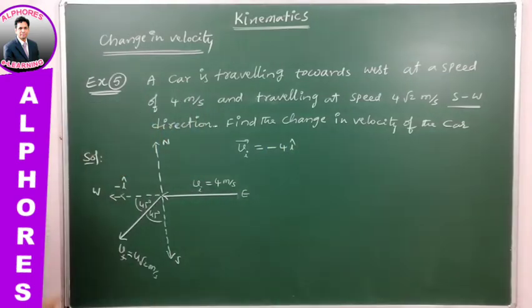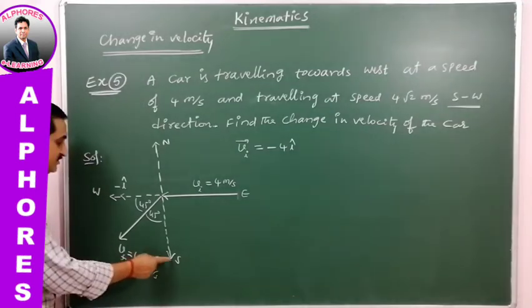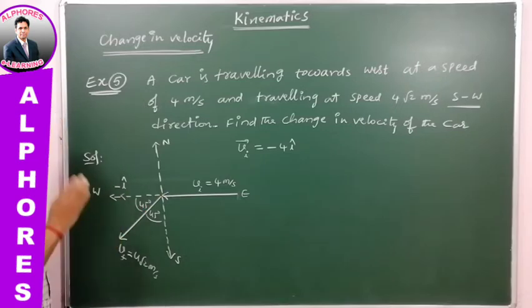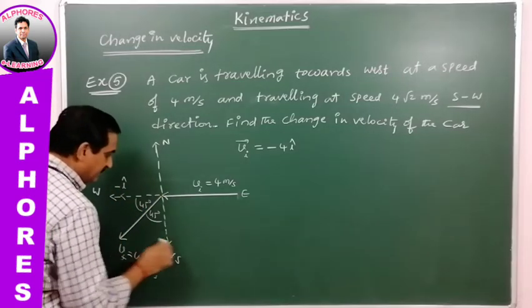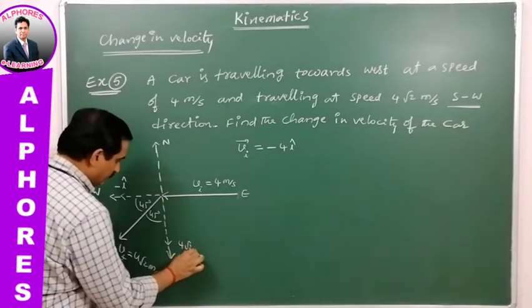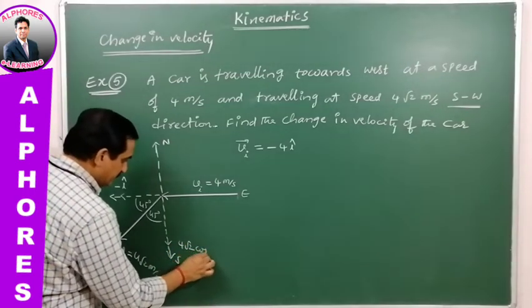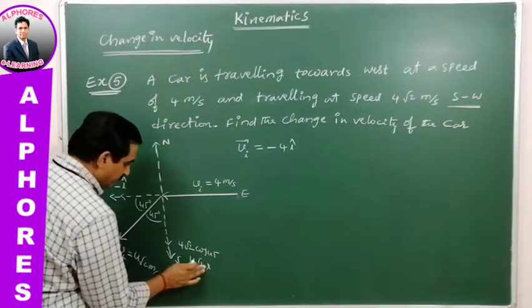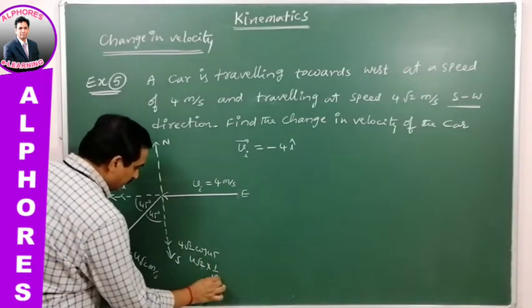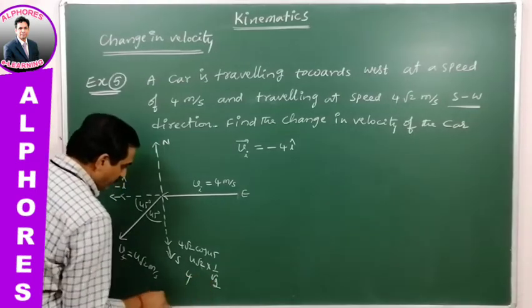Right? So, next one is, it is traveling at a speed 4√2 meter per second, southwest direction. Yes, 45 and 45. Resolve it. Final velocity. So, this is 4√2 cos 45. So, 4√2 into 1 by √2, which gives 4.